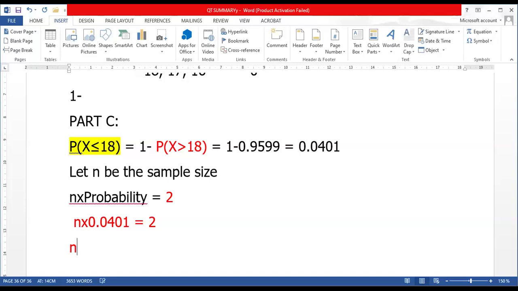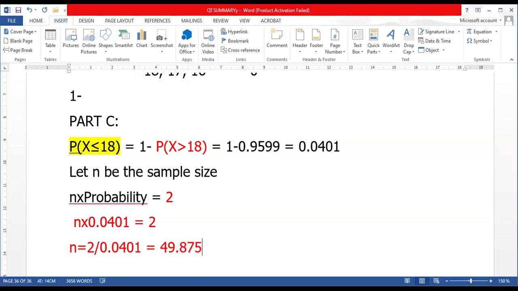So n will be 2 divided by 0.0401. If you get 2 divided by this, what do you get? I got 49.875.